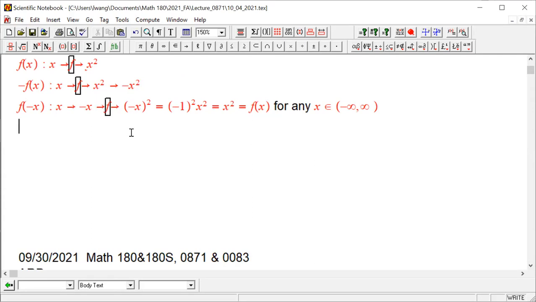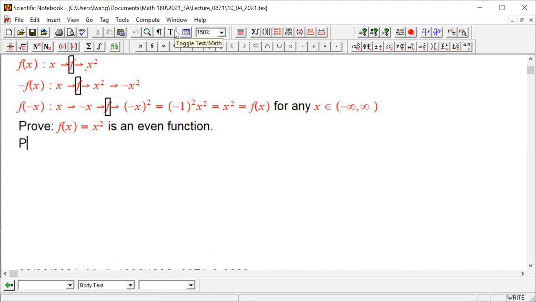No. So let me give you a formal proof, which is pretty straightforward. We want to prove that f of x equals x squared is an even function, which I believe some of you know, we just review this quickly. So how do you prove it?